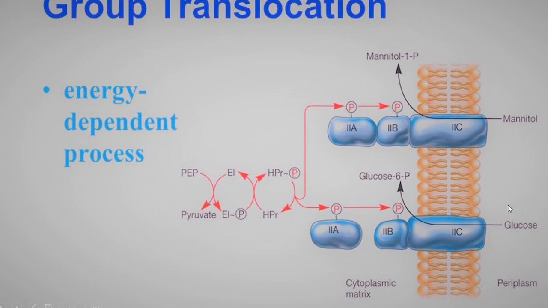So this sugar molecule present outside the plasma membrane is phosphorylated and transported across the plasma membrane by enzyme 2. Enzyme 2 transports only specific sugars and varies with the PTS system.